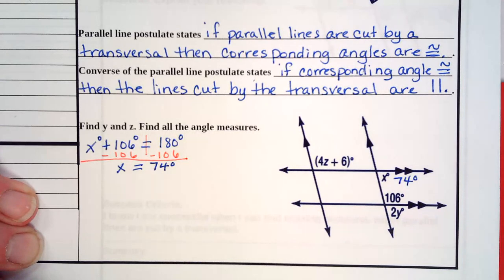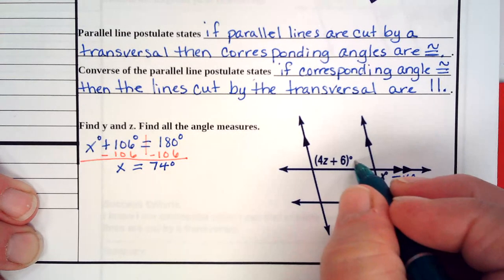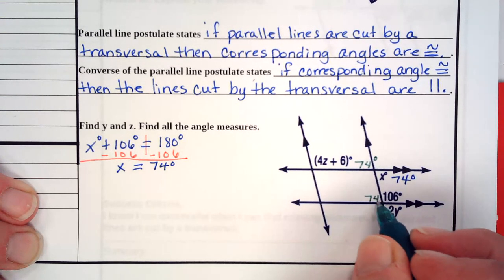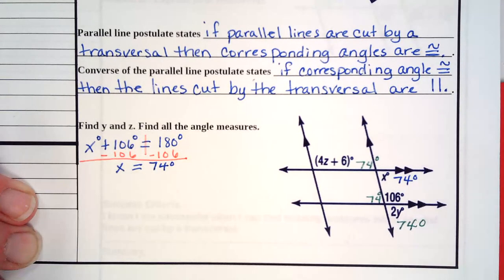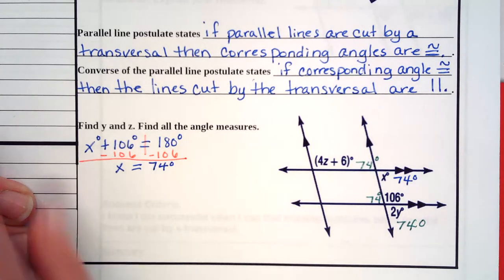Okay, now, I claim that we know all of the angle measures. We might not know what the variables are, but we do know all the angle measures. So if this is 74, this one is 74, this one is 74, and this one is 74. Wow. Now I've got an easier problem.